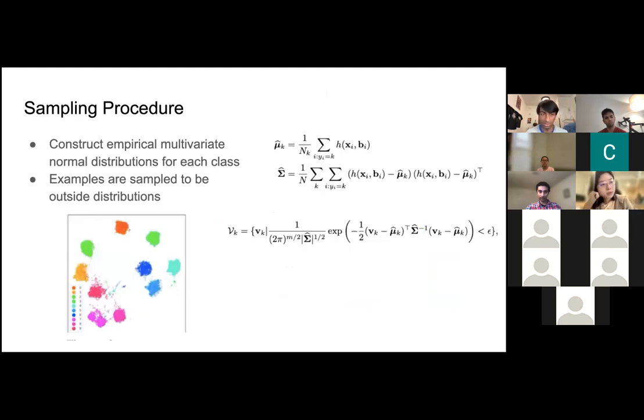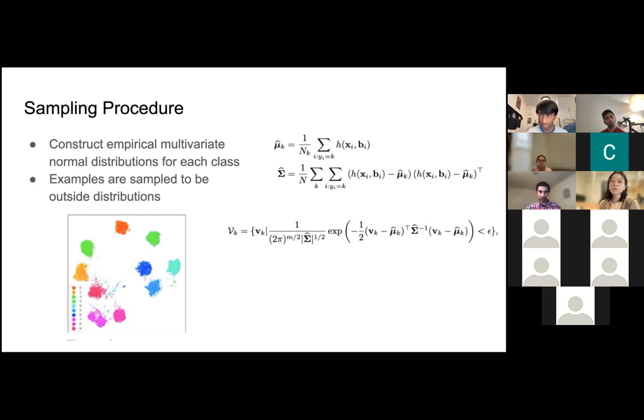First, for the sampling procedure, they have this method of empirically constructing these multivariate distributions for each class. For those who are unfamiliar, this is just a straightforward mean across the hidden representation for each of these images, and a covariance matrix for each of these classes. You can imagine we have a plot like this with nicely colored classes, but we have other points that are in between the classes in their representation.